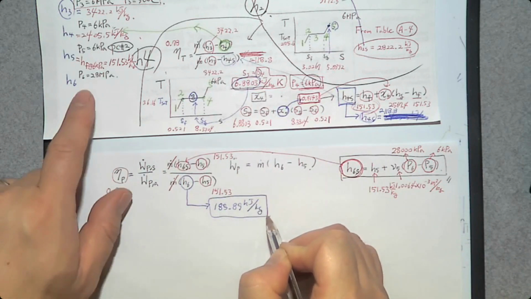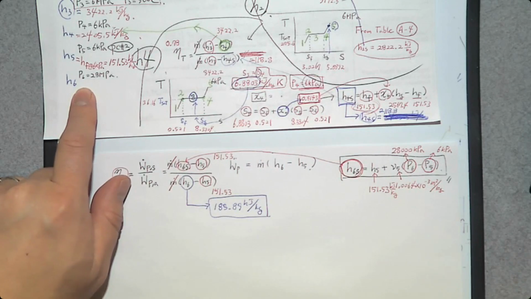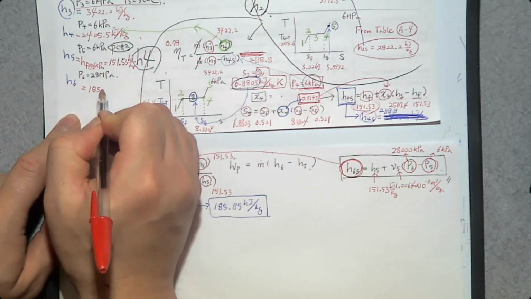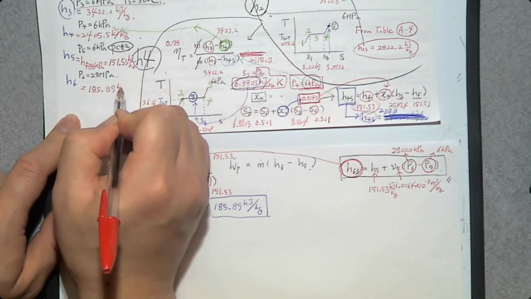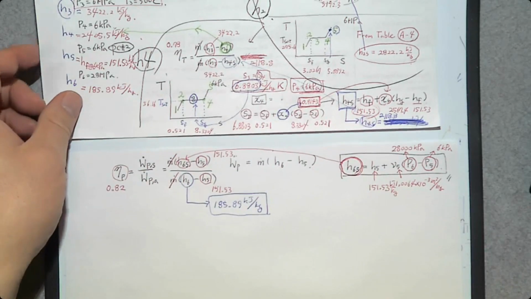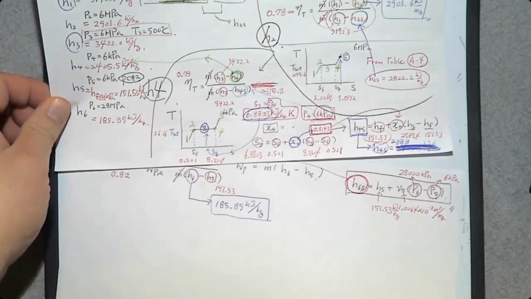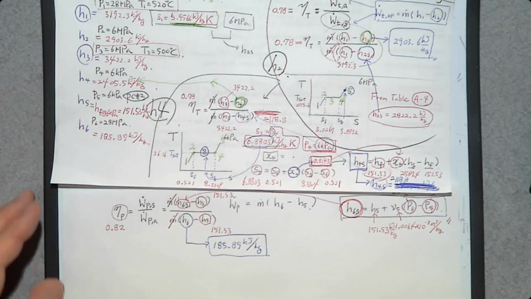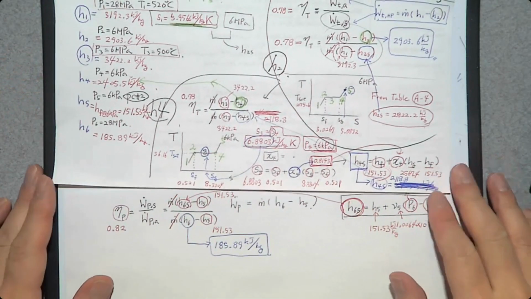This one goes in here, 185.89 kilojoule per kilogram. So that's how you determine H1, 2, 3, 4, 5, and 6.